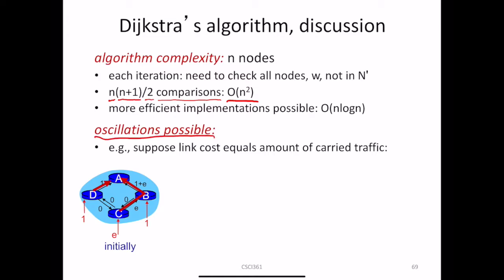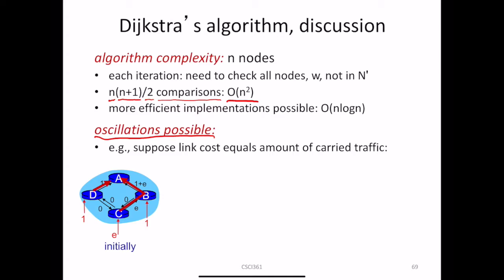Then let's see an example. Suppose here the link cost equals the amount of carried traffic. Initially, in this example, we have four routers.